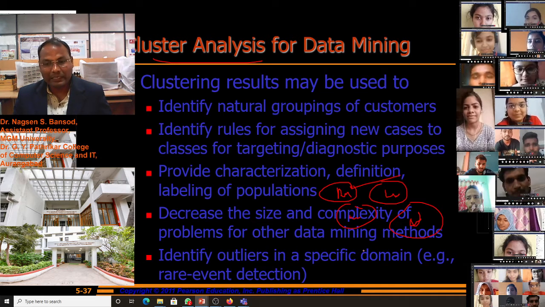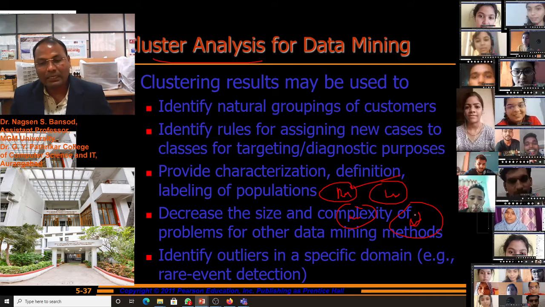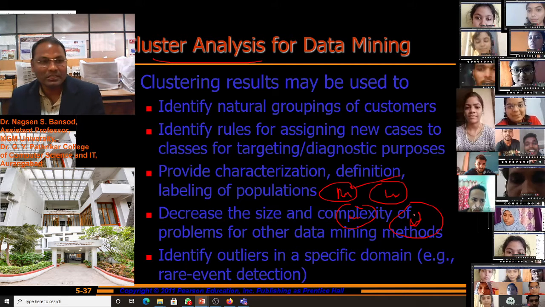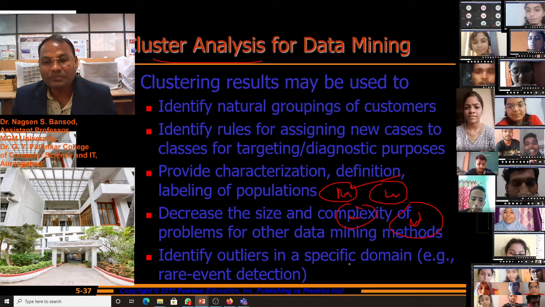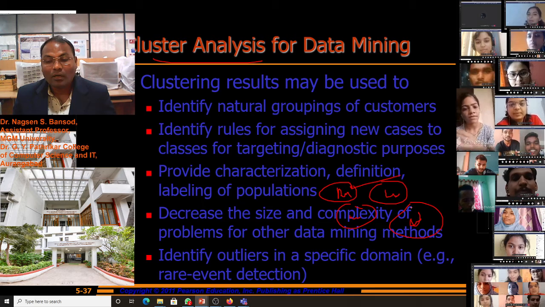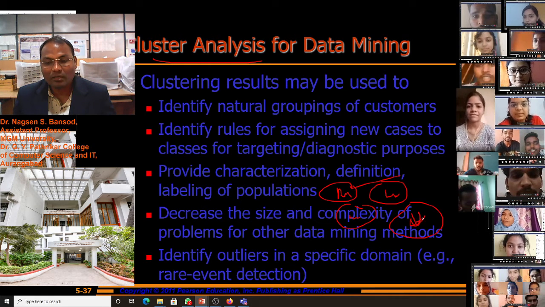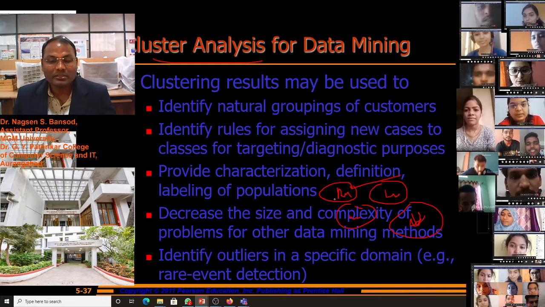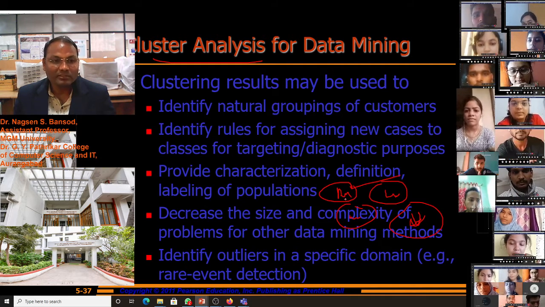For other data mining methods, we can use machine learning techniques to identify automatically the outliers in a specific domain and rare event decisions. How do we identify this? These are the persons situated in urban areas, and these are the persons situated in rural areas.